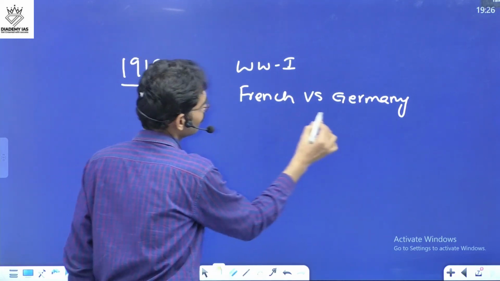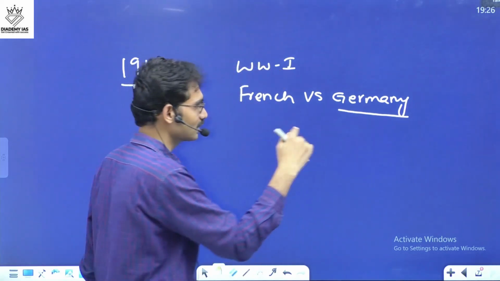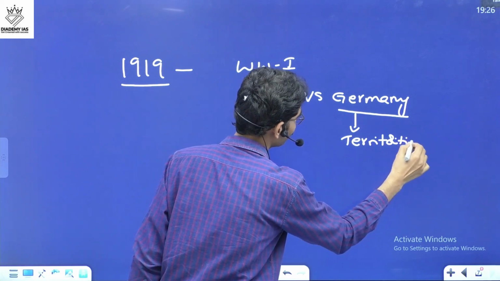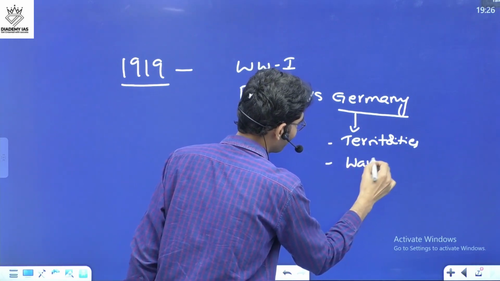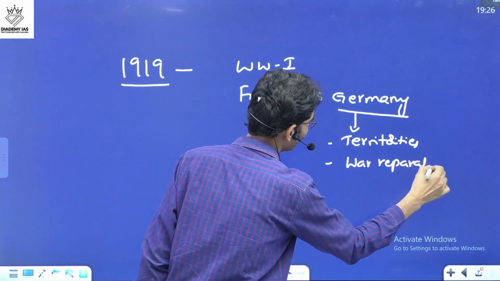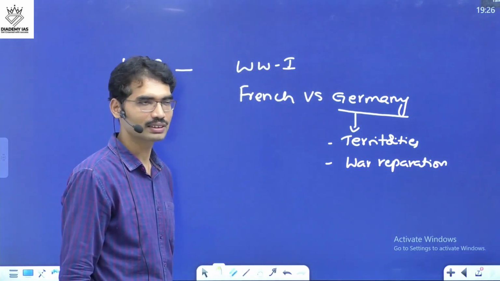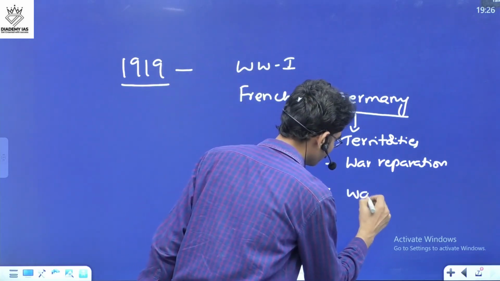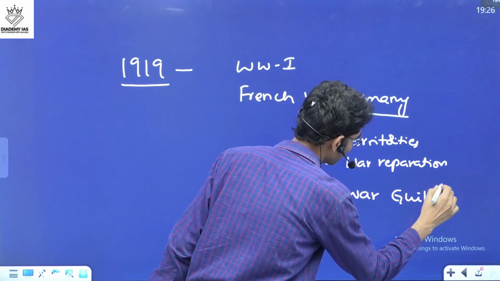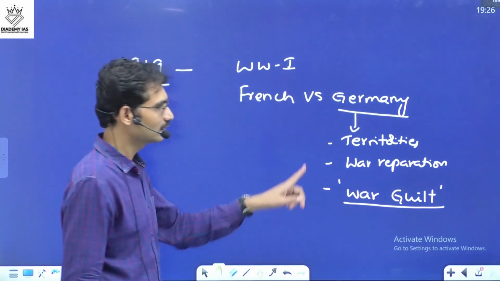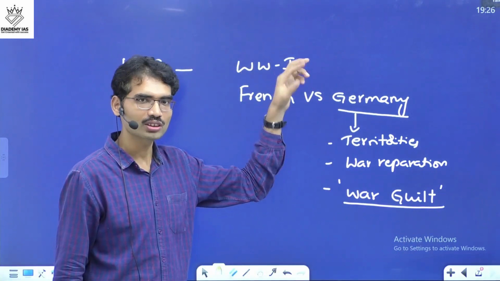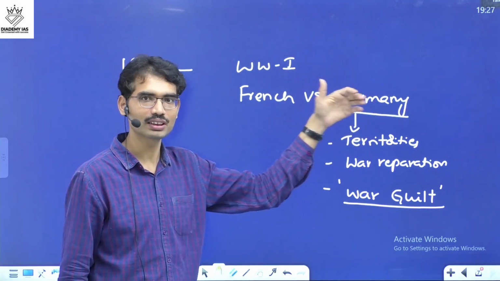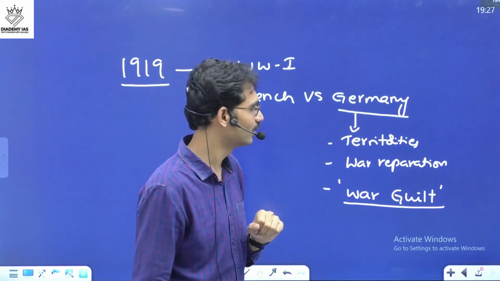Now in 1919, Germany was defeated. As a result, some German territories were taken away, and war reparations, they had to pay a lot of war damages. Most importantly, the war guilt clause. The First World War was caused by many factors. Austria was responsible, Germany was responsible, France, England, Russia, everyone was responsible.